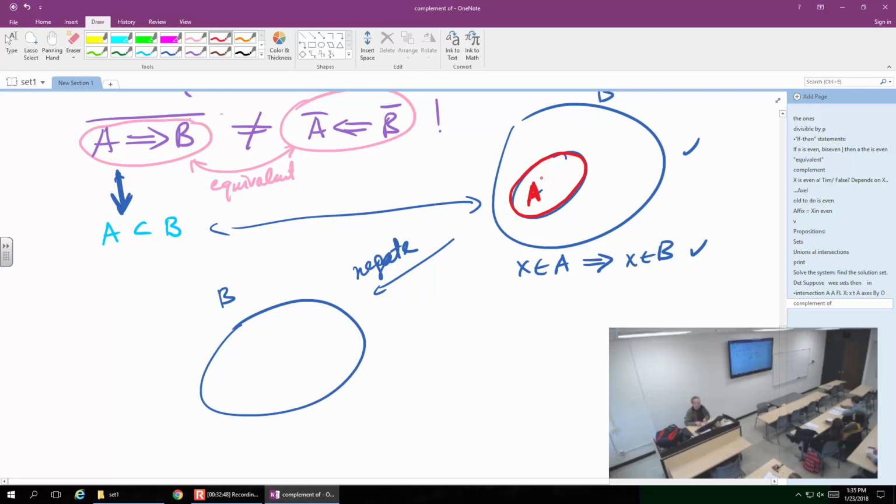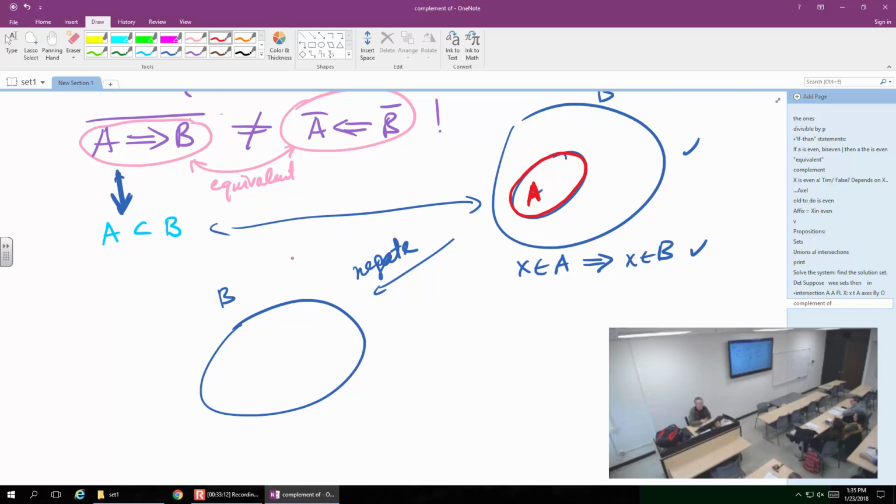So what does it mean? Can you imagine what the diagram should be? Where should I place A? On the outside of B? Can you be more specific? If you say no, it's the correct answer. No, you cannot.